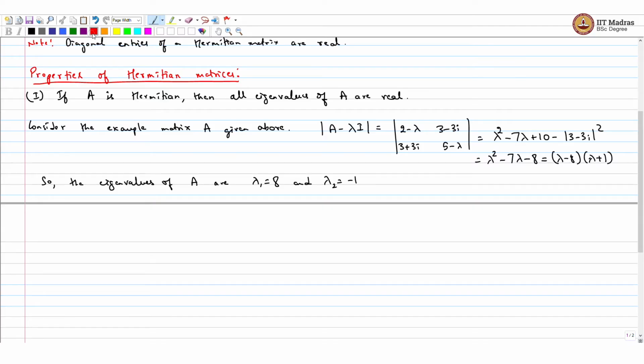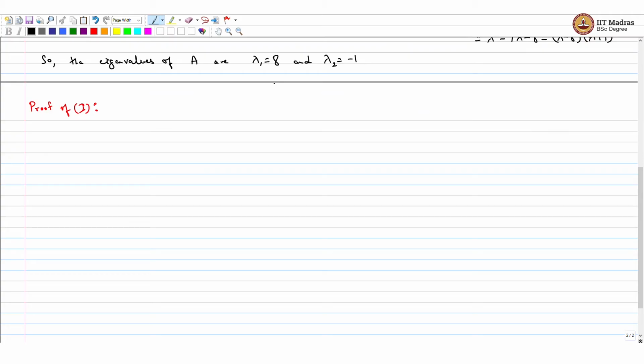So we'll just prove this. Proof of 1. Let's start with the usual eigenequation. Suppose Ax equals lambda x.